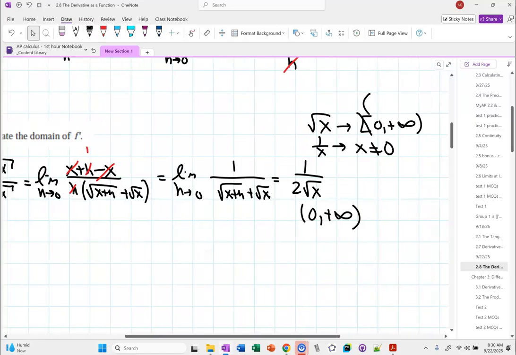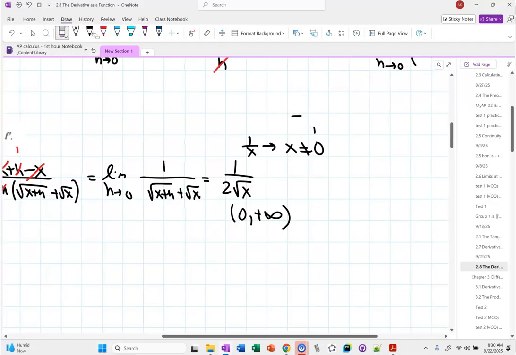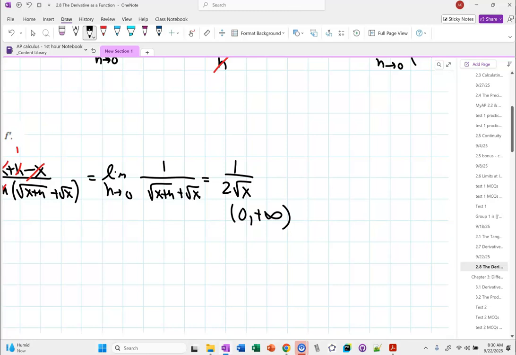Sure. So the way that you want to look at that is you want to think about your operations and what operations can cause an undefined result. Addition and subtraction, nothing can give you an undefined problem. Multiplication, nothing can give you an undefined problem. Even roots can't do negatives. Fractions or division can't have a 0 denominator.